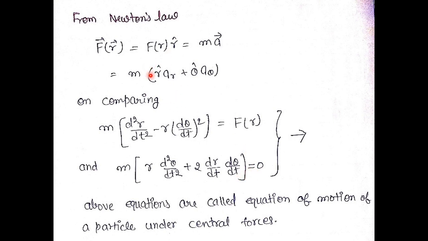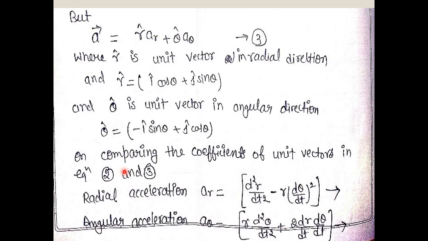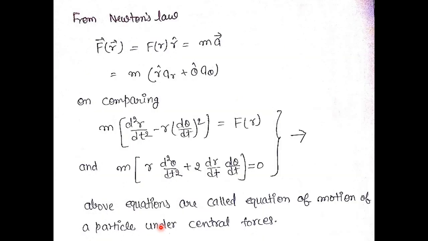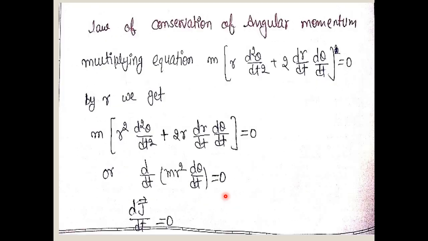When putting the values of A_r and A_θ in this equation and comparing both sides, we compare r cap equals F_r, but there is no component of θ cap on this side. So radial acceleration gives F_r, the magnitude of the force, but angular acceleration gives 0. Both these equations are called the equations of motion of a particle under central force.